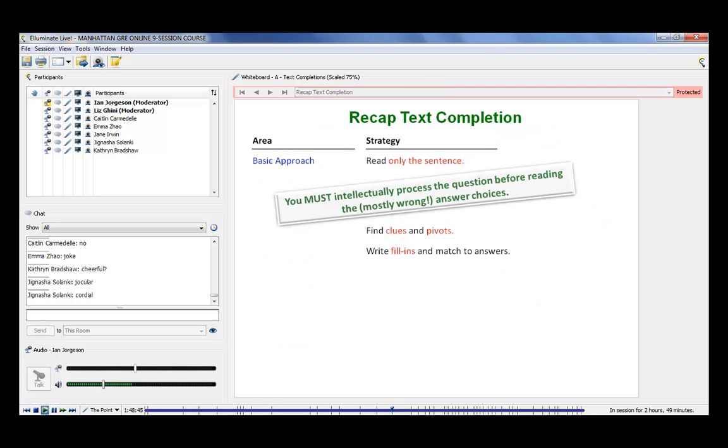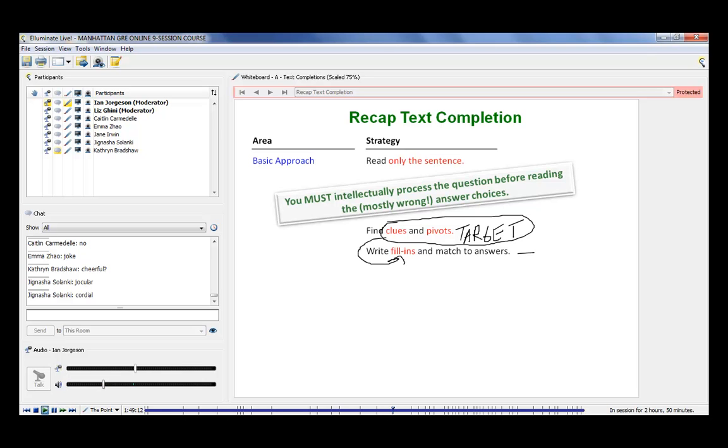All right, so that is it for text completions, right? Our basic approach of reading only the sentence and taking the time to process the sentence and understand it and find those clues and pivots, and if it's helpful, finding the target as well. That's important. And then we're going to use those clues and pivots to figure out what our fill-in is.